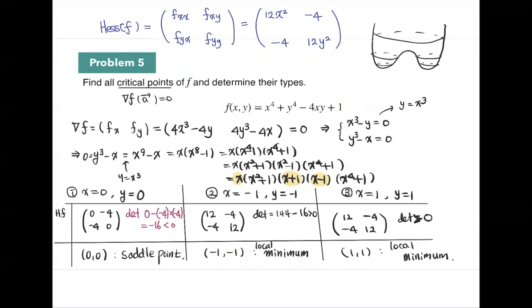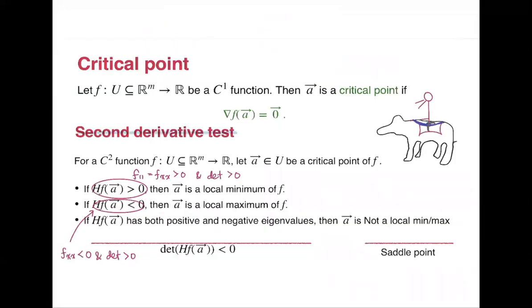This point is for 0, 0, a saddle point, and there are two local minima, at minus 1 comma minus 1 and 1 comma 1. This is the graph of f(x, y). So we can verify local minima and maxima by our second derivative test. Okay, I will stop here.